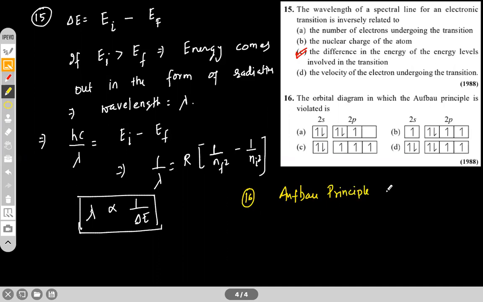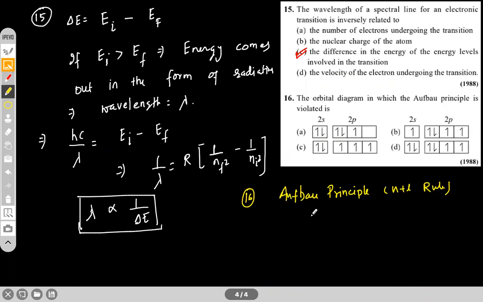We also call it the N plus L rule, right? And we use this rule for the filling of electrons in the orbitals. We know the lower energy orbital fills first, and then the electron goes into the higher energy orbital. The orbital which has a lower value of N plus L has lower energy, correct? Means the lower energy orbital fills first, right?